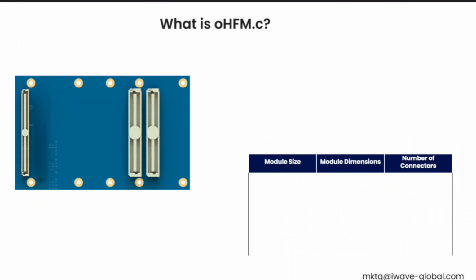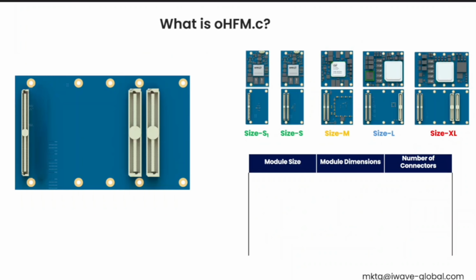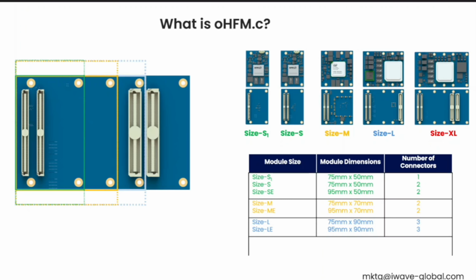And the next is the connector-based variant, where we also have four variants. As you can see, size S1 comes with one connector, size S and size M come with two connectors, size L comes with three connectors, and size XL comes with four connectors.